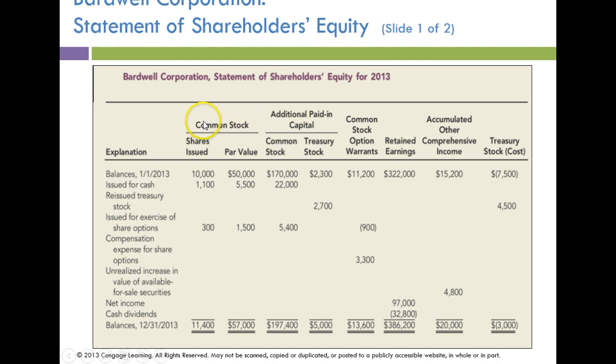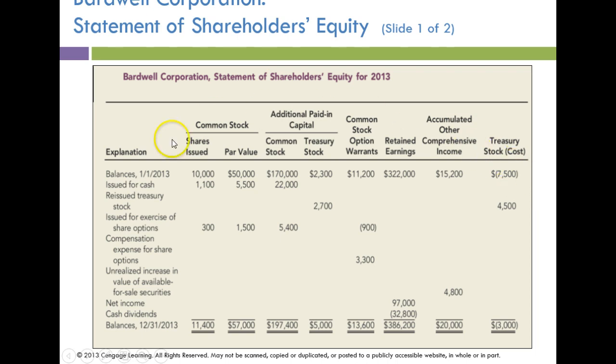So we've got treasury stock, common stock option warrants, so options out there to purchase stock. Then we've got retained earnings, and other accumulated comprehensive income and treasury stock.